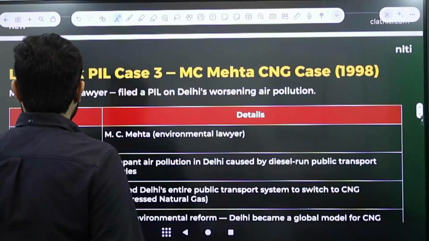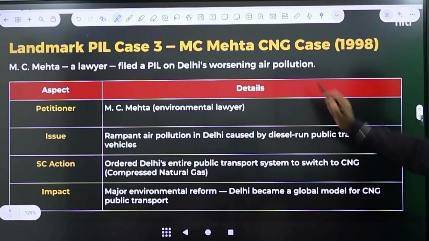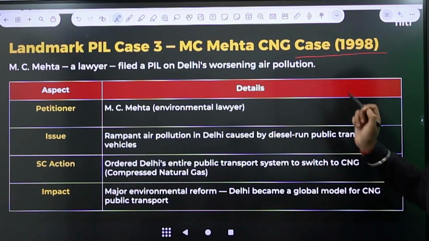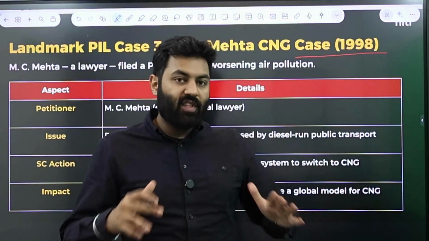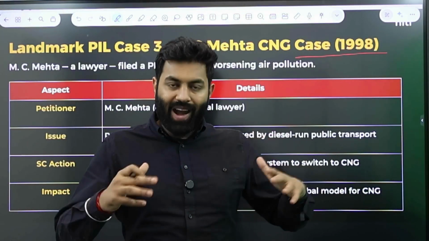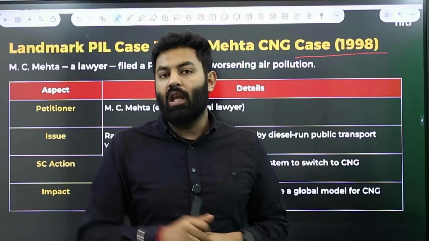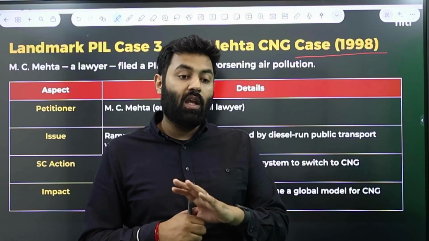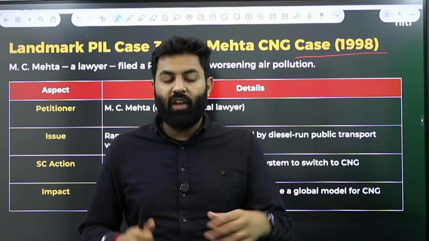The third landmark case was the MC Mehta CNG case, 1998, a very influential case. We have seen the impact, the changes this case implemented in the national capital, in the UT of Delhi and around it, that is NCR.